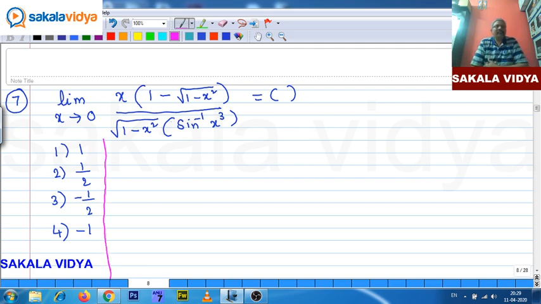So now, let us make a plan here. Limit x tends to 0, x into 1 minus root of 1 minus x square by root of 1 minus x square into sine inverse of x cube. Here we have 1 minus root of 1 minus x square.